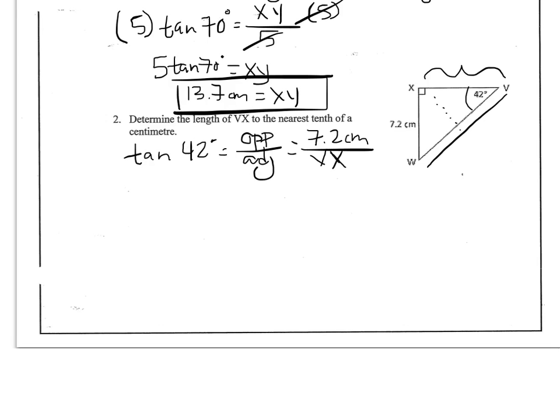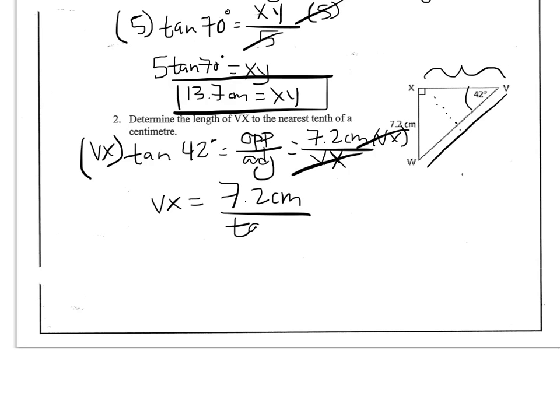All right, we're going to solve for Vx. In order to do that, I'm going to multiply both sides by Vx, so that cancels Vx. Okay. I'm going to divide again just to keep Vx on one side by itself. Divide by the tangent of 42. So I end up with Vx equals the 7.2 centimeters over the tangent of 42 degrees.